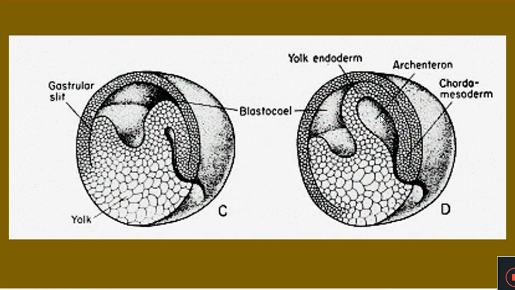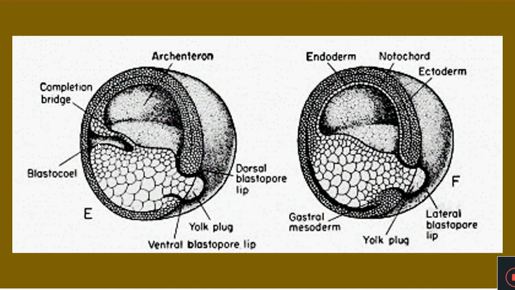And finally, when the Archenteron grows, what happens to the blastocele? It will be reduced. It becomes displaced to the anterior direction. This is the posterior region of the embryo and this is the anterior region of the embryo. So the blastocele has been displaced to the anterior region, and it is shifting in the anterior ventral region because of the expansion of the Archenteron.